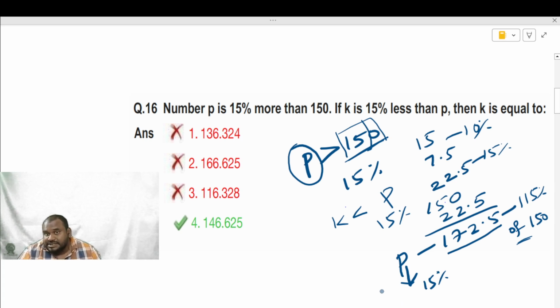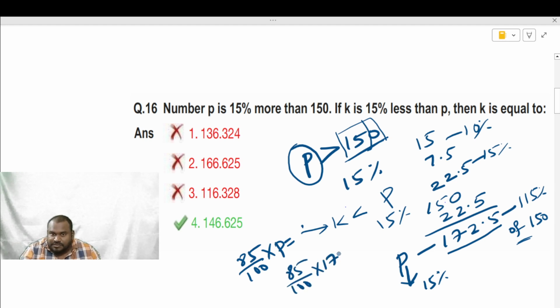Or else you can say 85% of P is nothing but K. So K is 85 by 100 into 172.5.